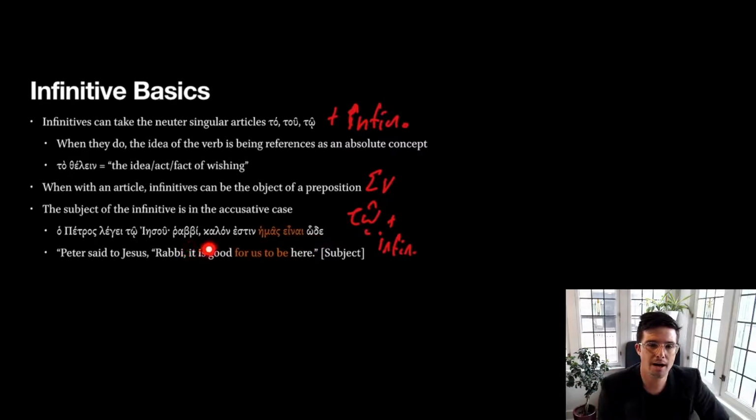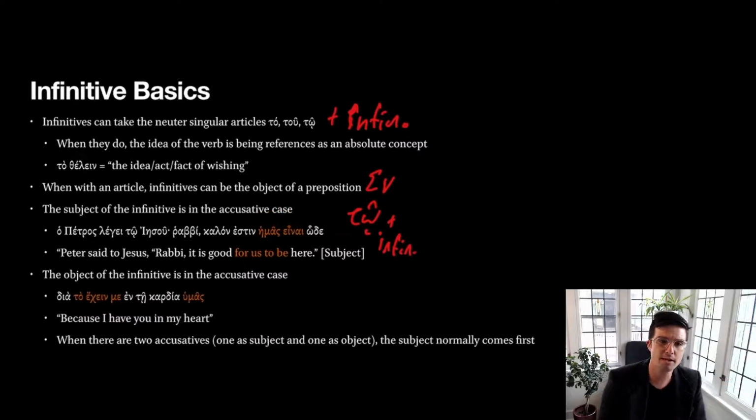So, Rabbi, it is good for us to be here. Us is the subject of the infinitive einai. Notice that this is an accusative personal pronoun functioning as the subject of the infinitive. We are the ones being here, even though it's not in the nominative case.